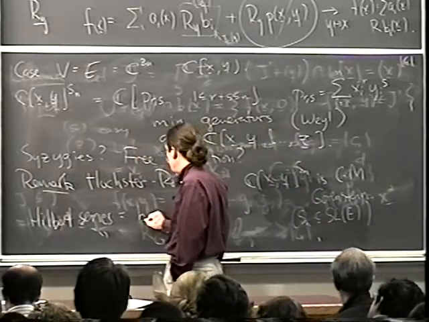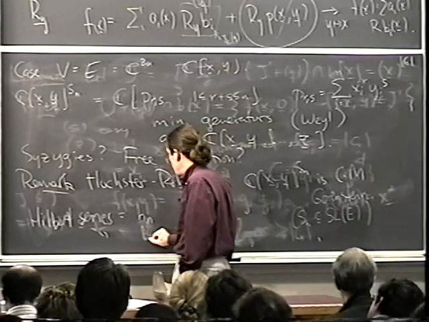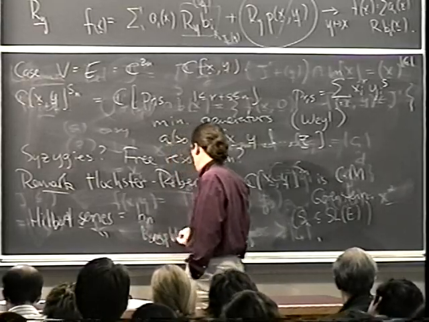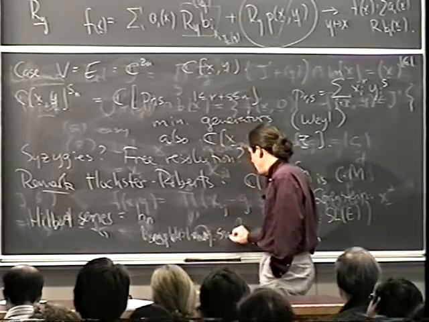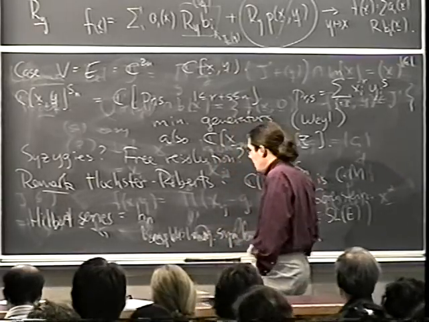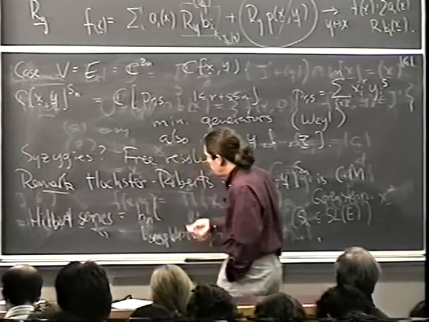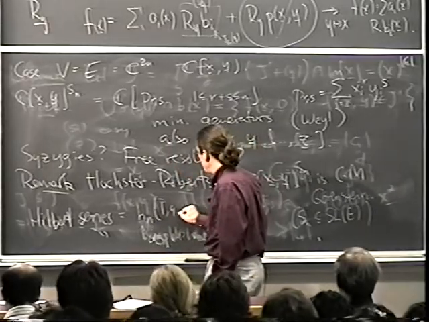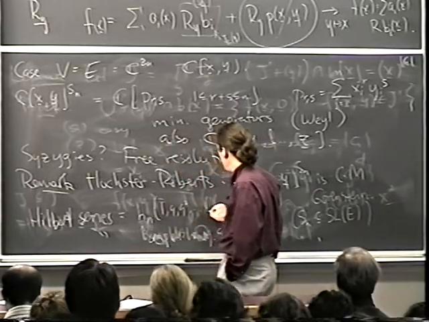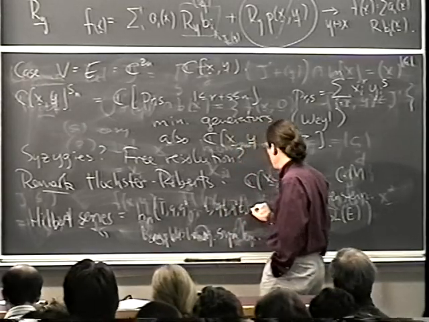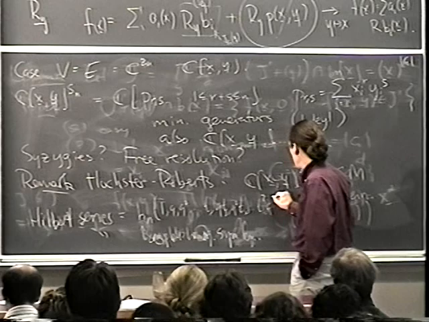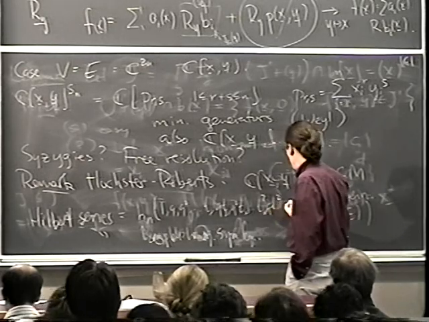If Hn is the complete homogeneous symmetric function of degree n, then you get Hn evaluated in 1, q, q squared, ..., t, qt, q squared t, ..., t squared, qt squared, et cetera, like this.